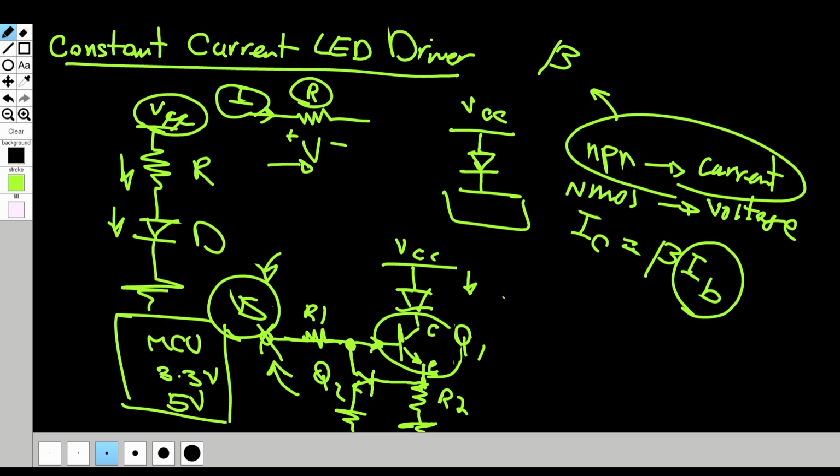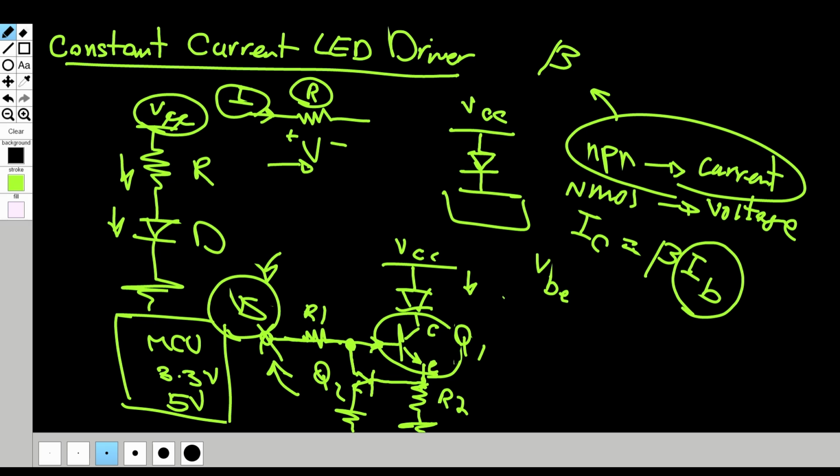We have the current going through this R2 resistor, and we know that for 99% of NPN transistors, when they have some current going through the base, there needs to be a condition for which the NPN starts operating, and that is the base to emitter voltage.